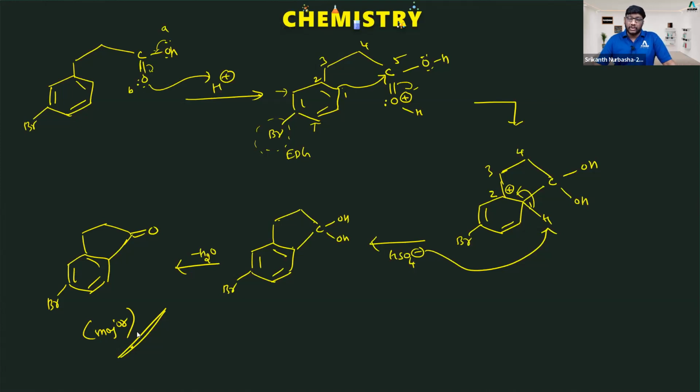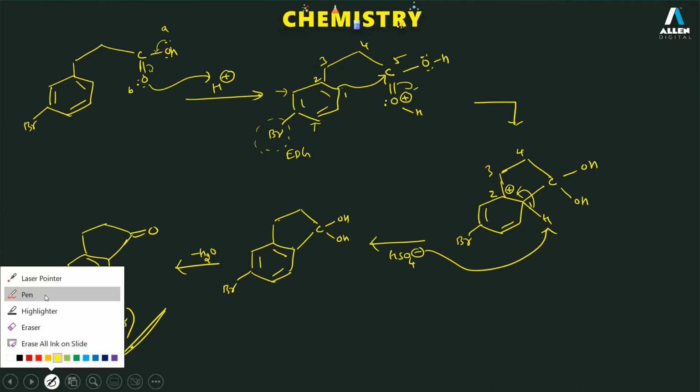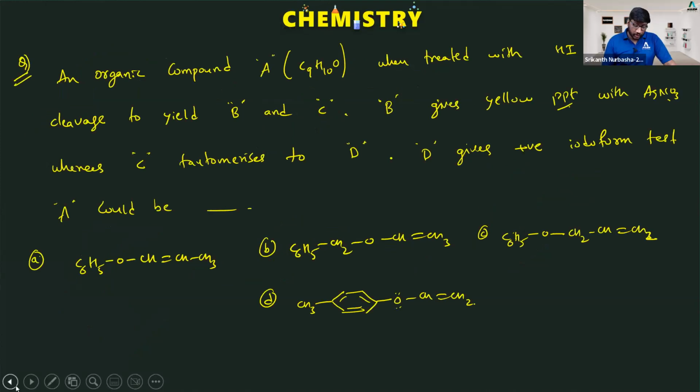Right, students? Is everything clear so far? Yes, sir. Try to think on this question. An organic compound A, C9H10O, when treated with HI, undergoes cleavage to yield compounds B and C. B gives yellow precipitate with AgNO3.